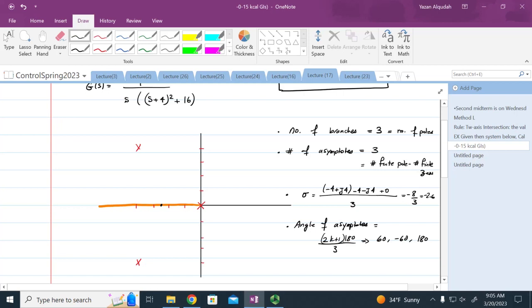Together? So therefore, I can come to this point here and plot lines that make angles of 60 degrees and -60 degrees, and these are going to be my asymptotes. How are the asymptotes going to connect to this root locus?